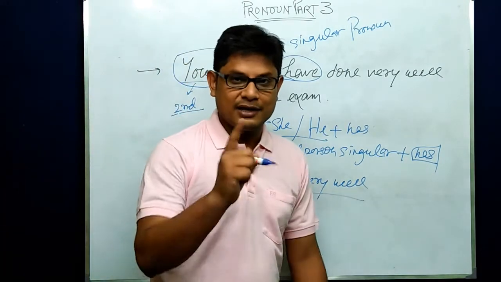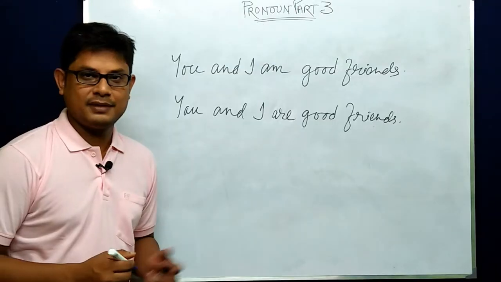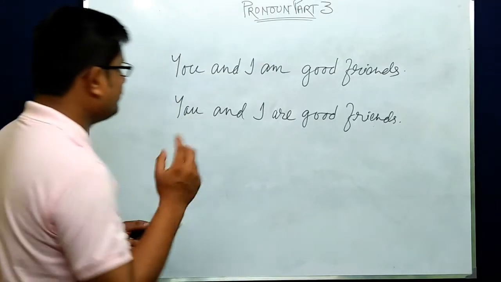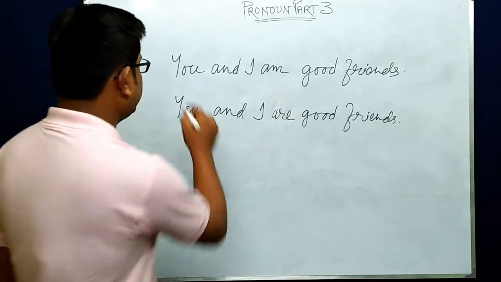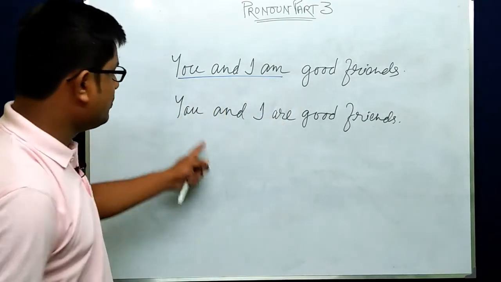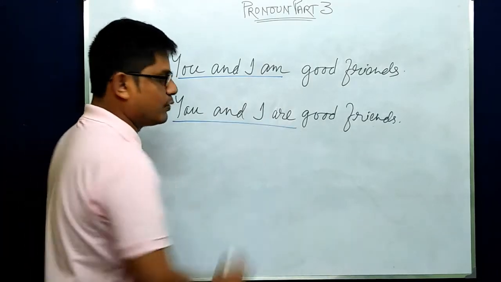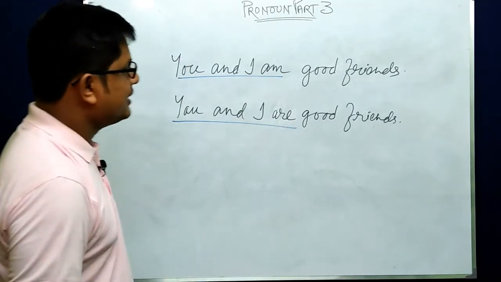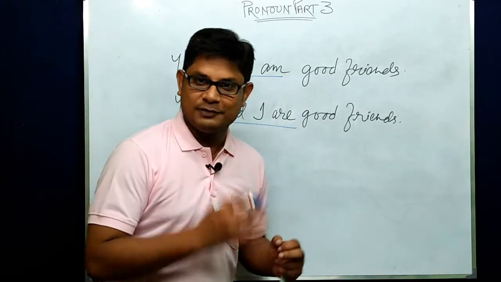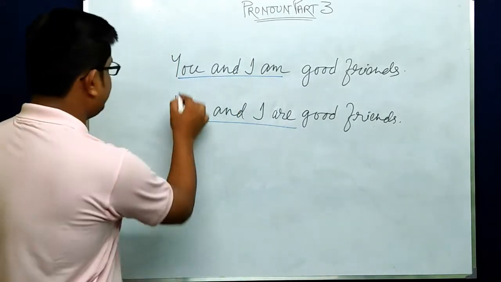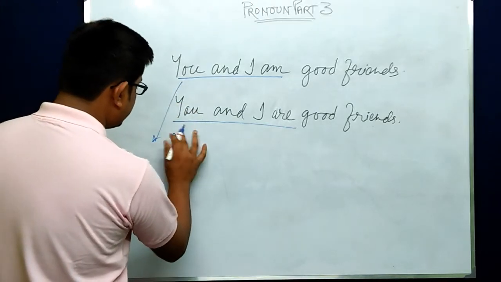Okay, let me give you one more sentence. Again, look at this board. We have two sentences. You and I am good friends. Again, you and I are good friends, right? Now, these two completely indicate a good manner or positive thought. And we have you, that is second person.